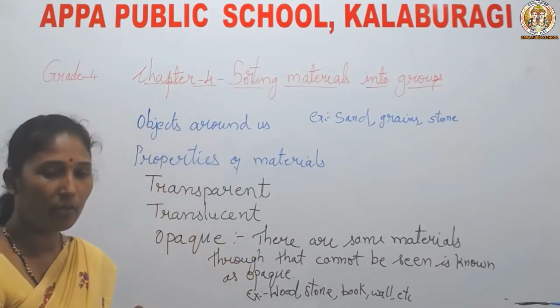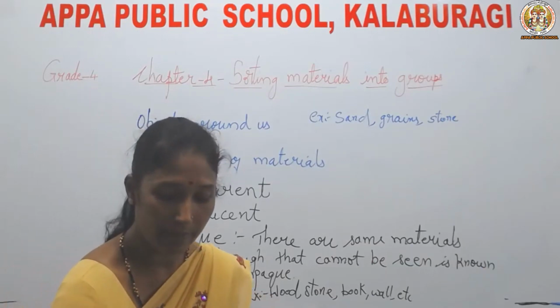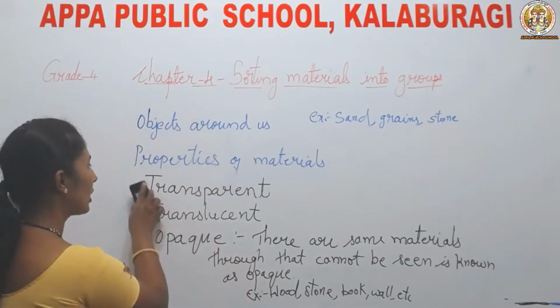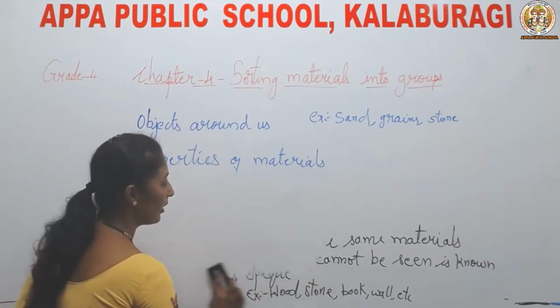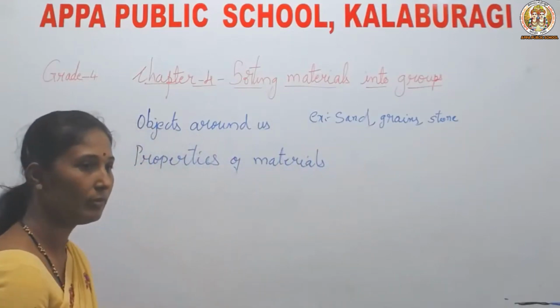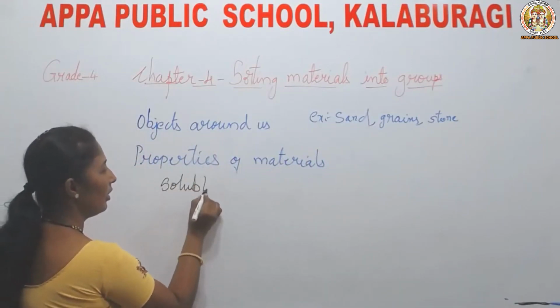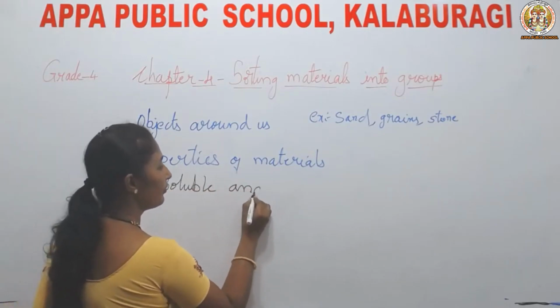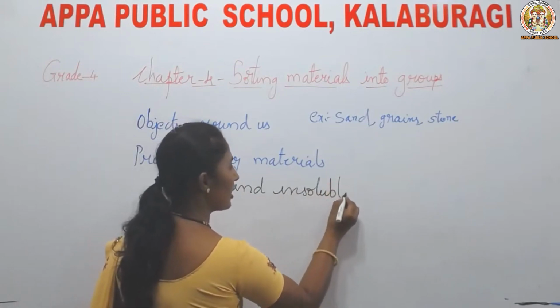So let us recall once again what we learned in this lesson. The first property is soluble and insoluble. Soluble, insoluble.